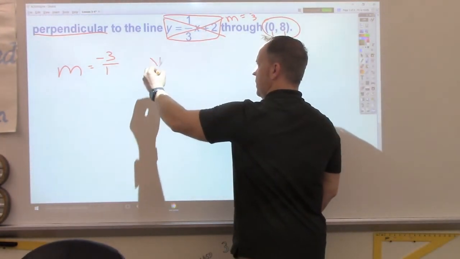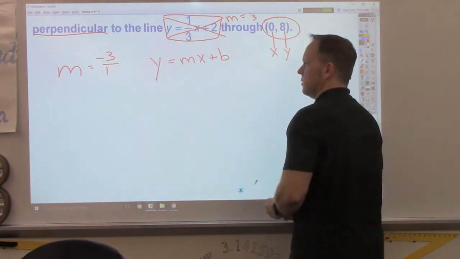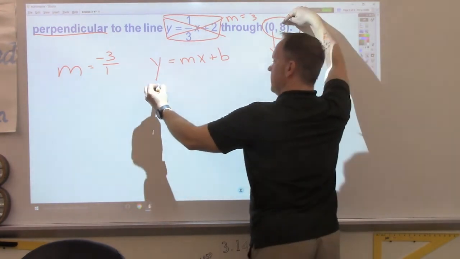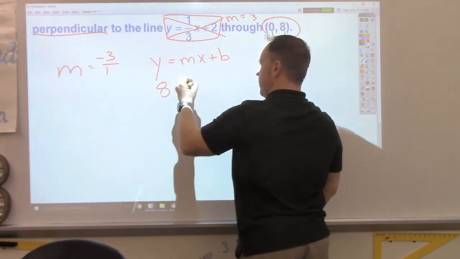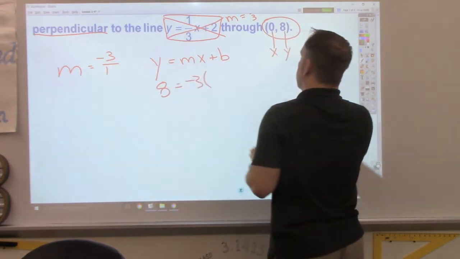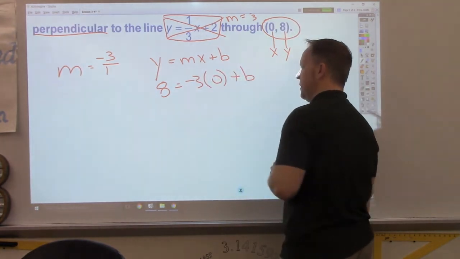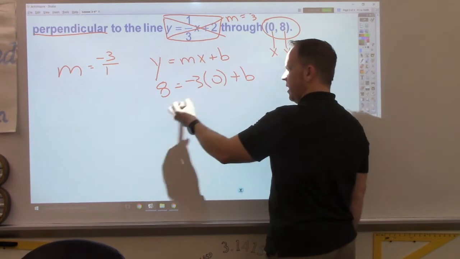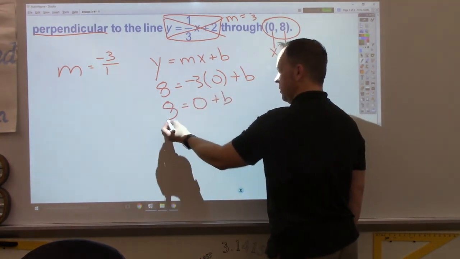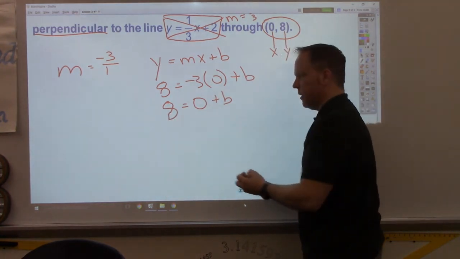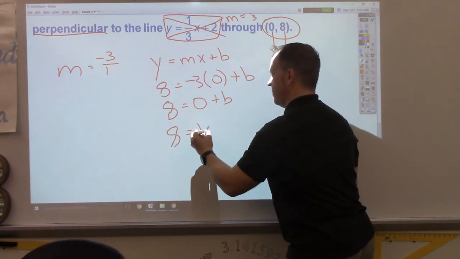So again, we gotta solve for b. y is 8, m is negative 3, x is 0, plus b. Negative 3 times 0. So in this case, my y-intercept is 8.